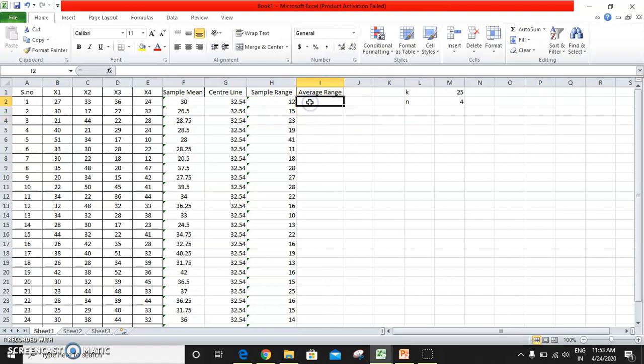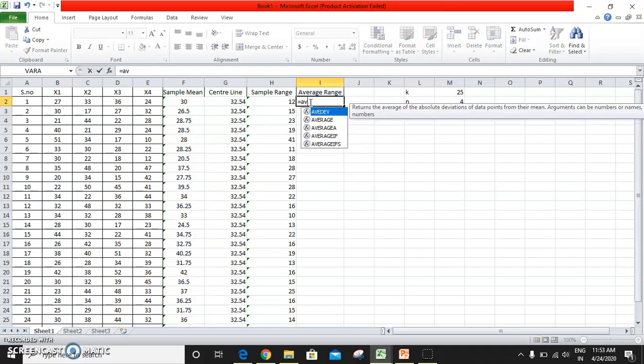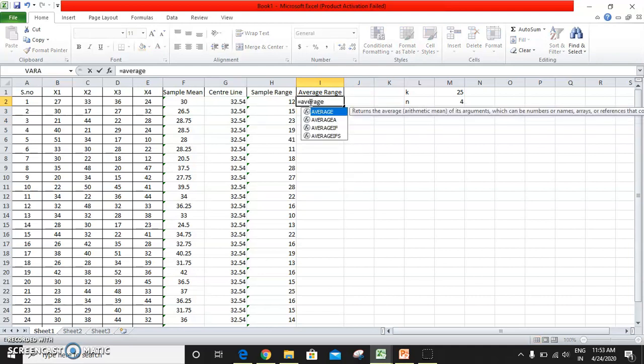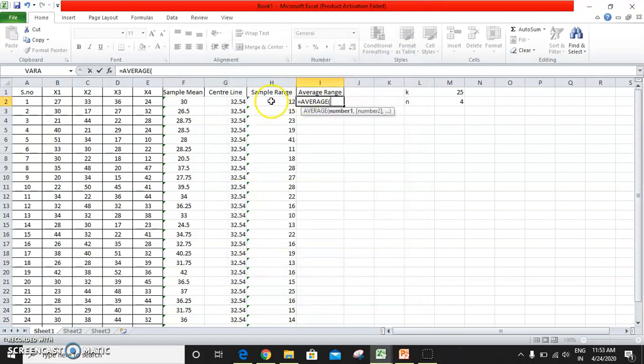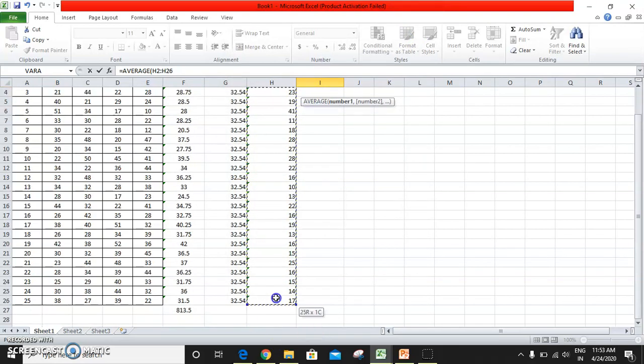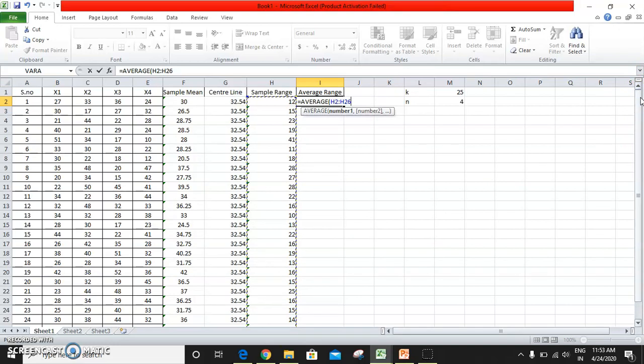To calculate the value of the average range, that will be given by the formula average, and that is the average of all the values that we have found from the sample range. It is the average of all these values.